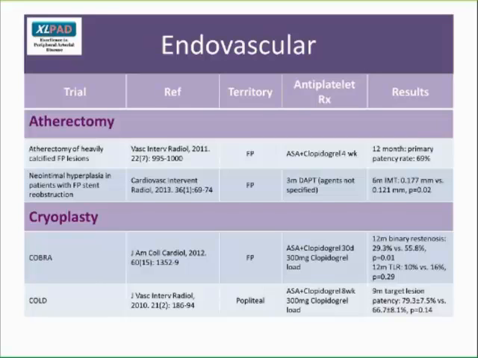The primary endpoint was 6 months intimal thickness, comparing 3-month DAPT versus no DAPT, only aspirin monotherapy. There was a statistically significant reduction in intimal hyperplasia.